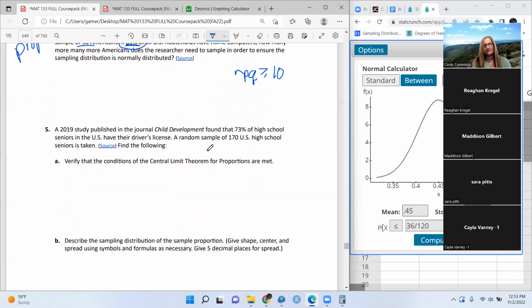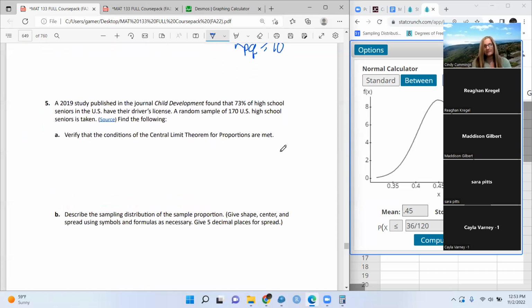How about number 5? Mean or proportion, and how do we know? It's a percent, so it's a proportion.